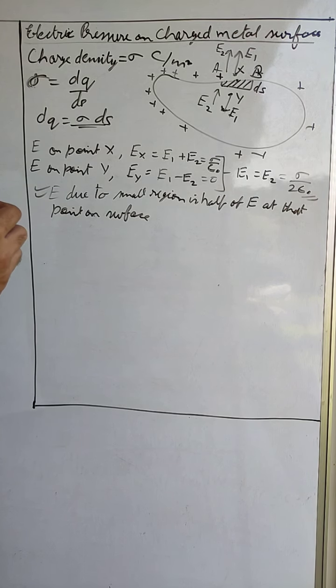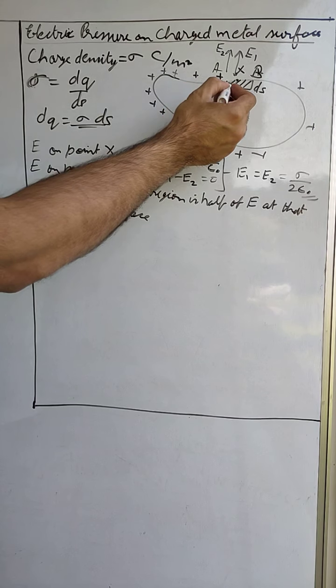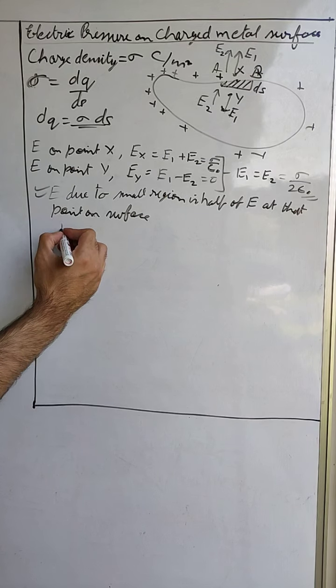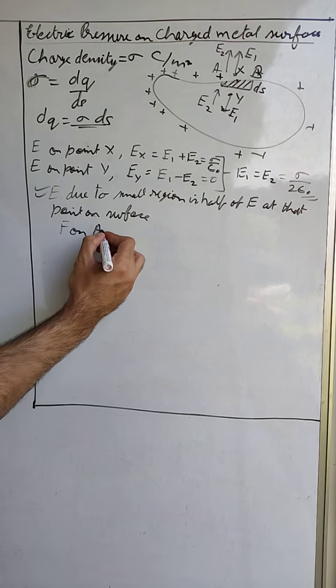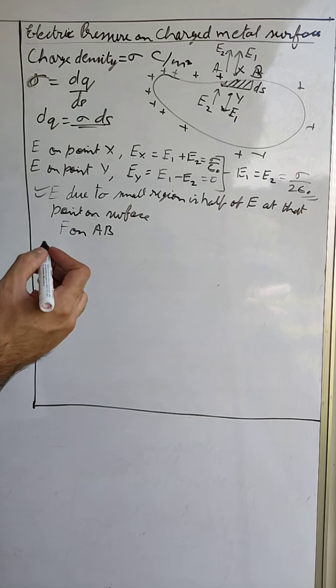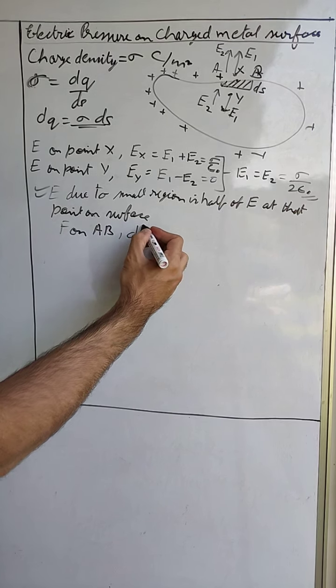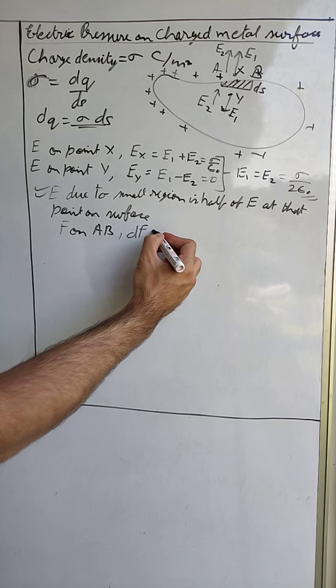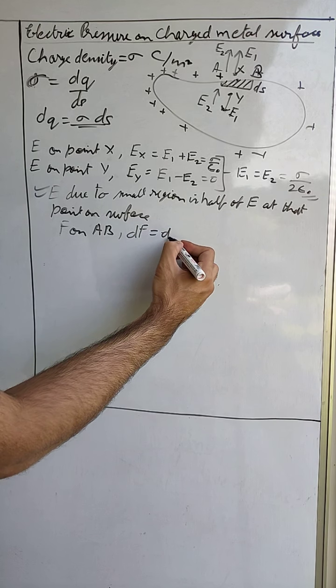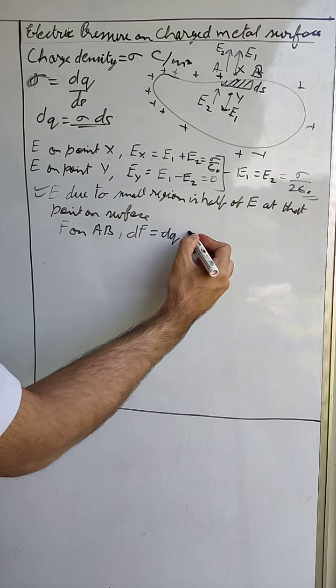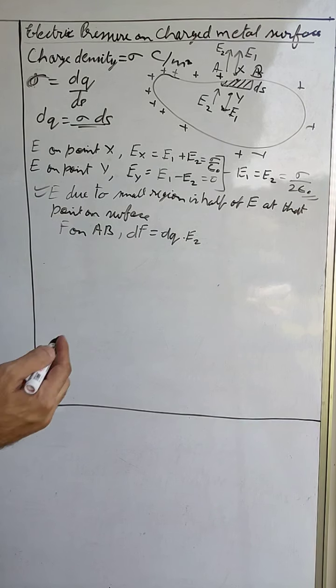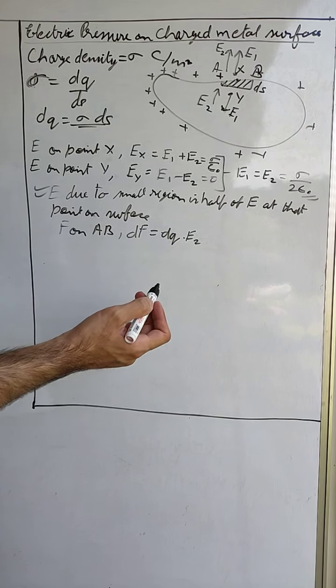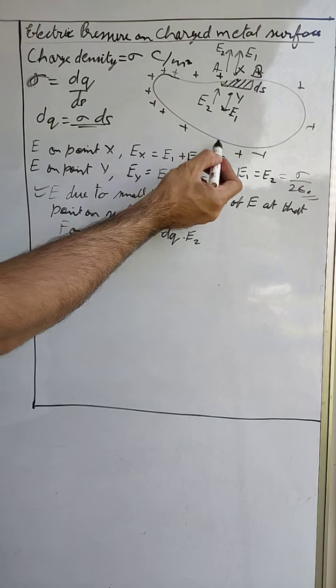Now using these results, the force on area AB will be given as, since it is a small area, a small force dF, which will be equal to dq into E2. Remember here we are taking E2, which is the electric field due to the remaining surface.